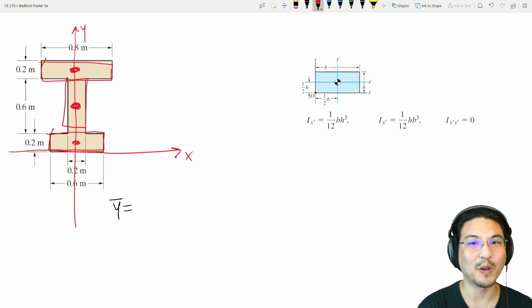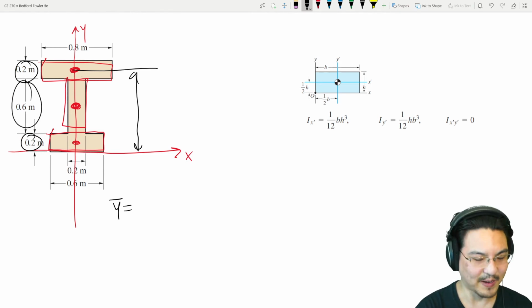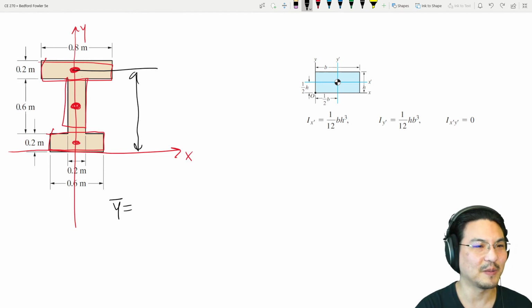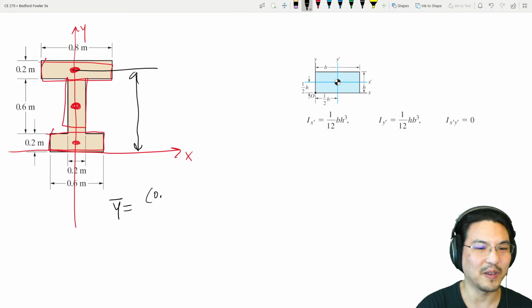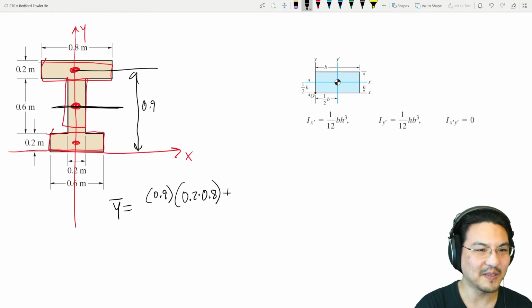So for the top one, where is that? Here to here is how far? 2 plus 6 plus 0.2 plus 0.6 plus 0.1, right, halfway. So that is 0.9. So 0.9 meters times the area of this rectangle, 0.2 times 0.8, plus, where is this?